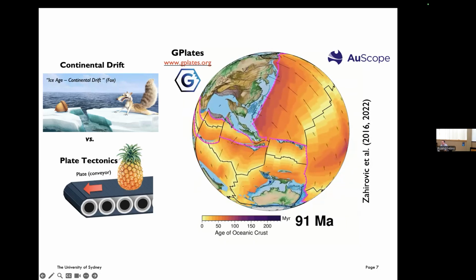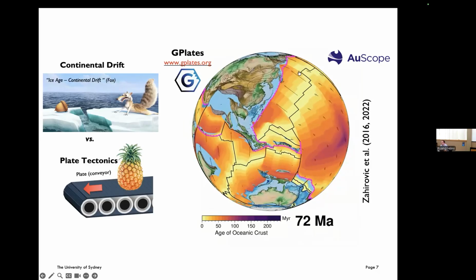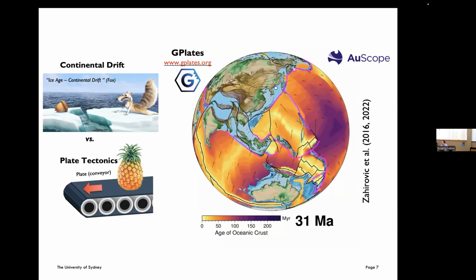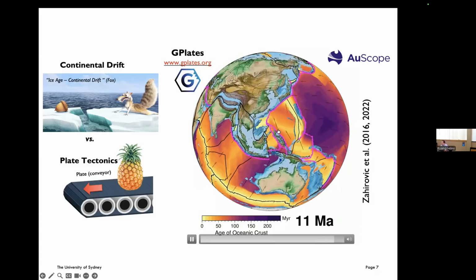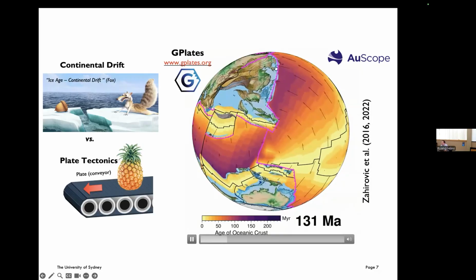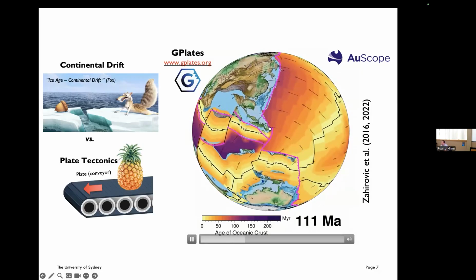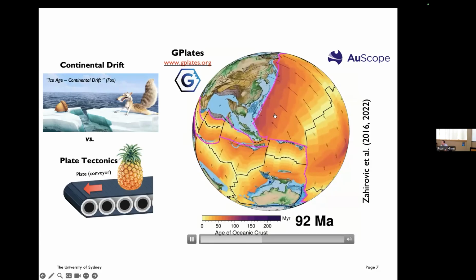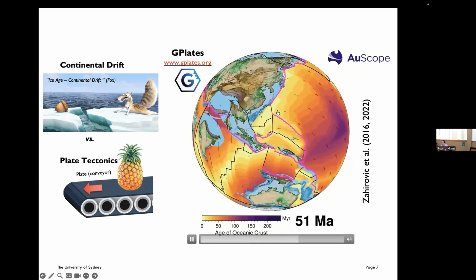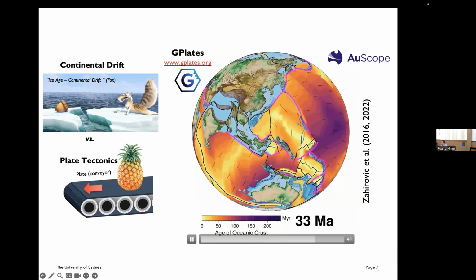The biggest innovation that came with GPlates only in about 2010, 2011 is the development of this ability to actually track the plate boundaries. So hopefully everybody can see the pink lines, the subduction zones, and then the black lines represent mid-ocean ridges and transforms.